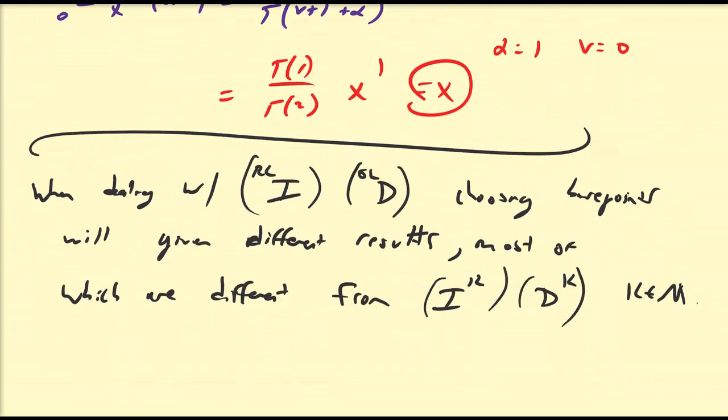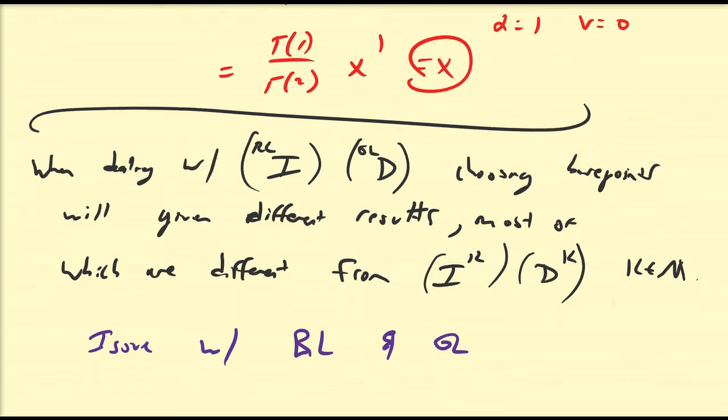So if that is the case, then we have an issue, right? So we have an issue with Riemann-Liouville and Grunwald-Letnikov derivative, because then we have to sort of deal with base points, right?